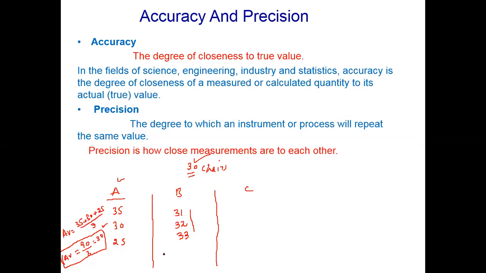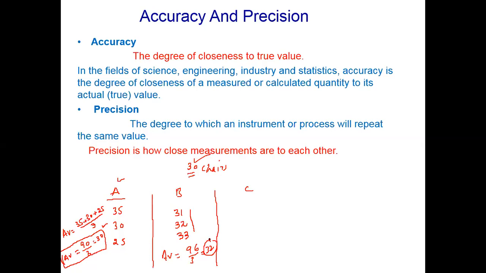When we take the average, adding all these gives 96, divided by 3 equals what? 32. So the result is 32, not accurate, because our original result is 30 but the measured value is 32.